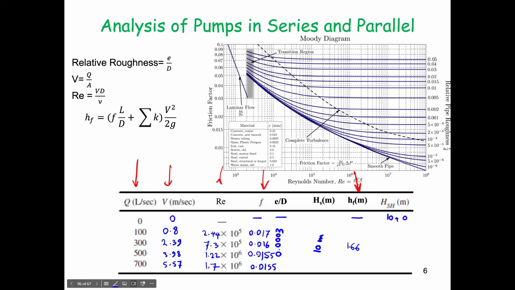Double check it. Cooper, what about the 500 one? 10.415. I think I have the same, 10.7, which is okay, right? So it goes for this one because if you remember, this is HF plus HS. So you just need to add 10 to that one.